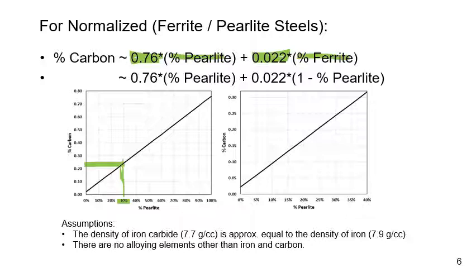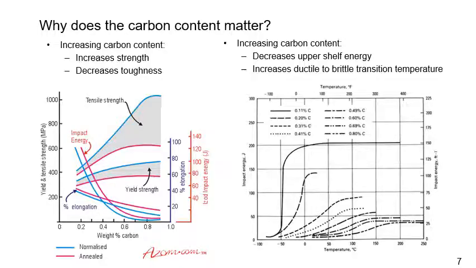This graph over on the right just zooms in on the area of interest, about 0% to 40% perlite, where we're going to find most of our line pipe steels. So why would I care about trying to figure out the carbon content from the amount of perlite in the microstructure?